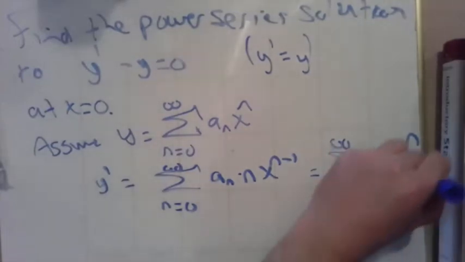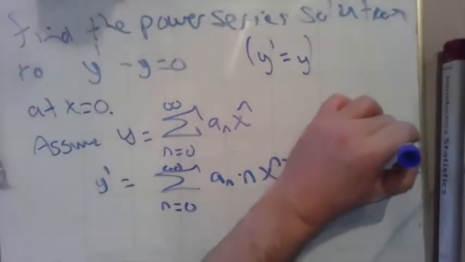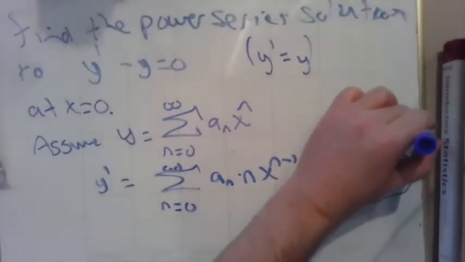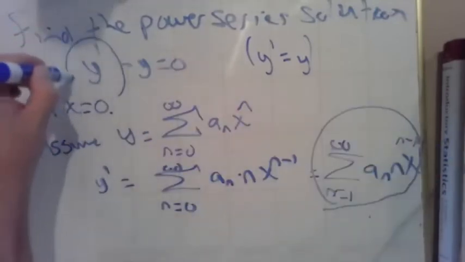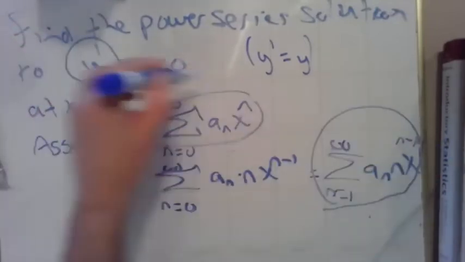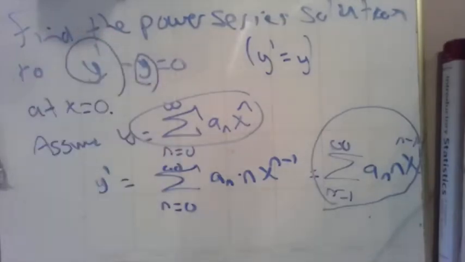Now I'm going to plug in, oh, that's n minus 1 right there. I'm going to plug that in here, and I'm going to plug this in right there. So I'm going to need the space.